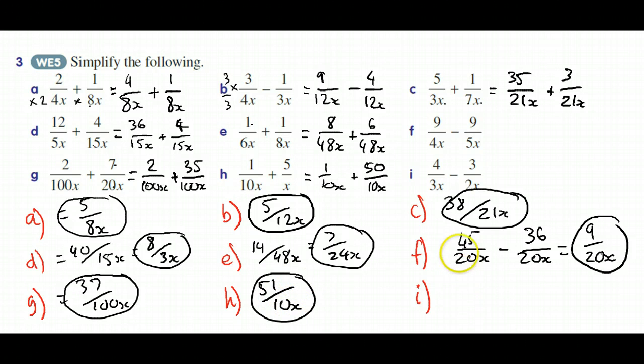And lastly, that's a 2x hiding under there, so lowest common multiple will be 6x for both of them, and this is multiplied by 2, this is multiplied by 3, so we've got negative 1 over 6x. That's our answer.